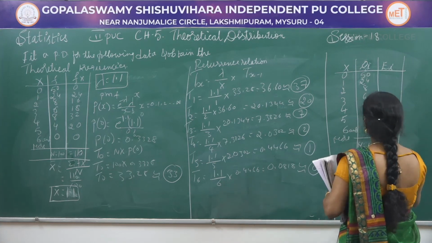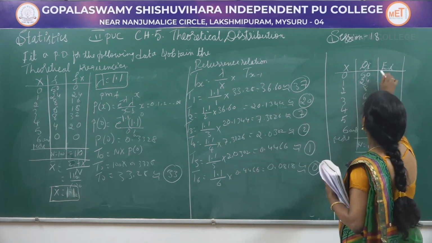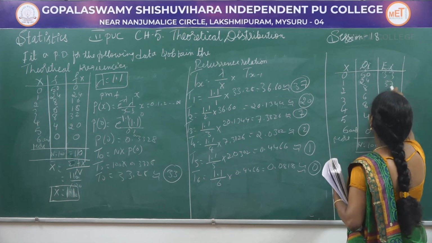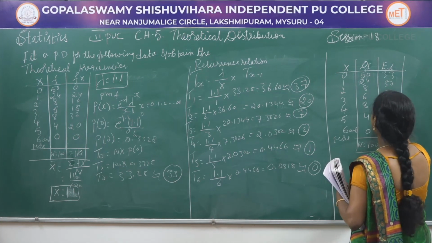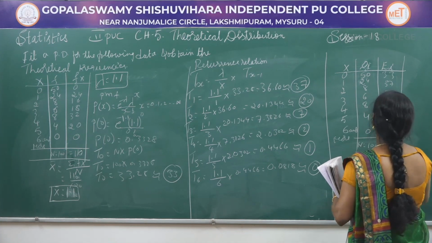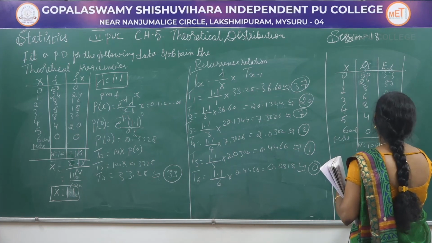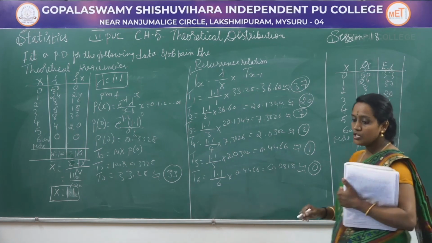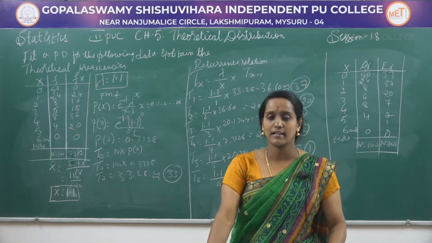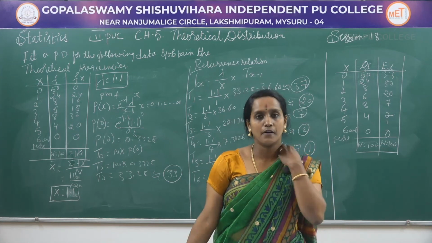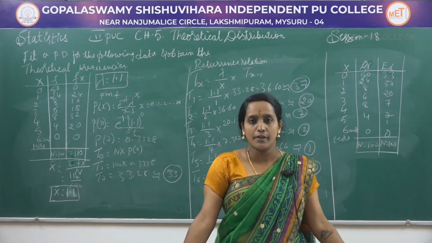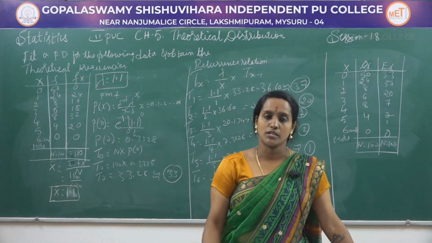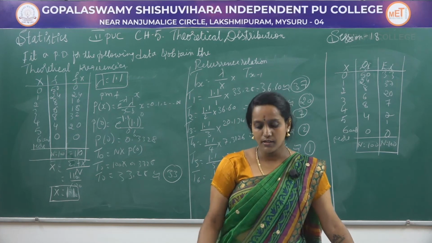Here Ei is the calculated one, that is 33, 37, 20, 7, 2, 1, 0, and your n is also 100. So this is how we have calculated, or fit, the Poisson distribution to the given data.